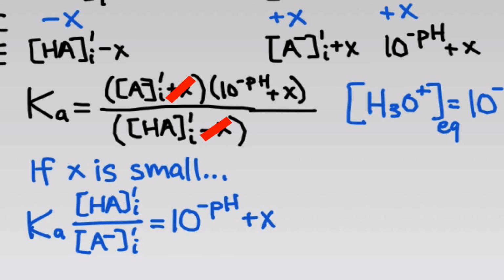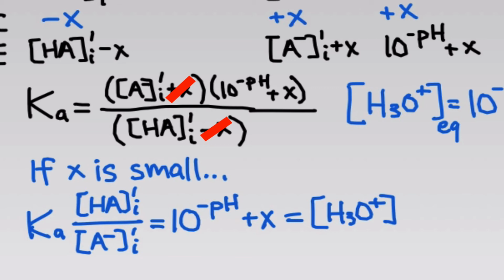So we can essentially remove the plus x and the minus x from those factors and simplify this Ka expression to Ka times HA prime divided by A minus prime, the initial concentrations, notice, is equal to 10 to the negative pH plus x. And this is equal to the equilibrium concentration of H3O plus.